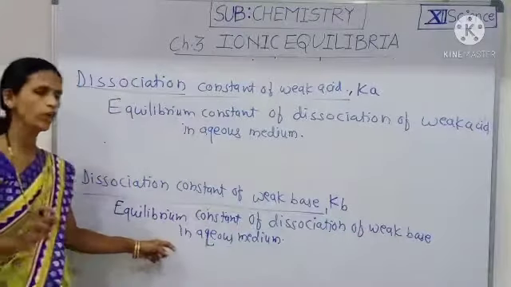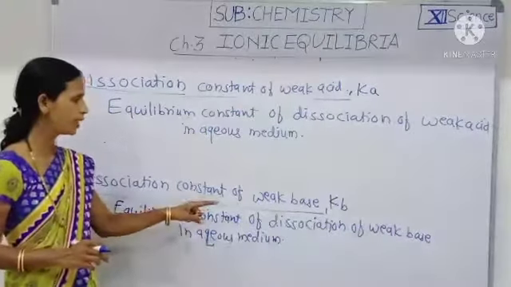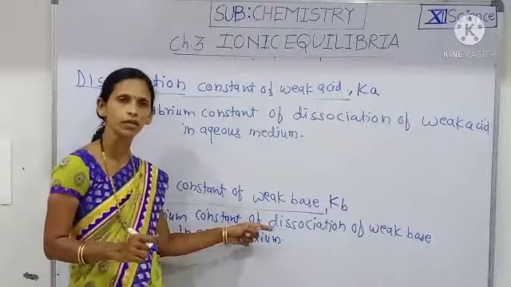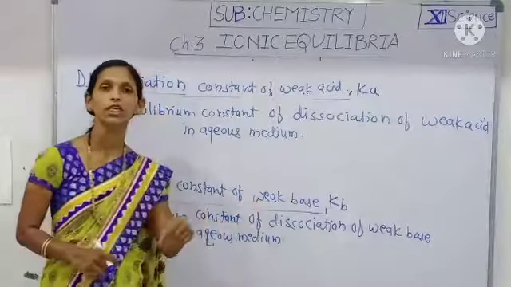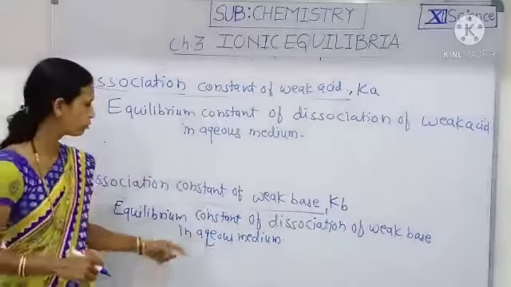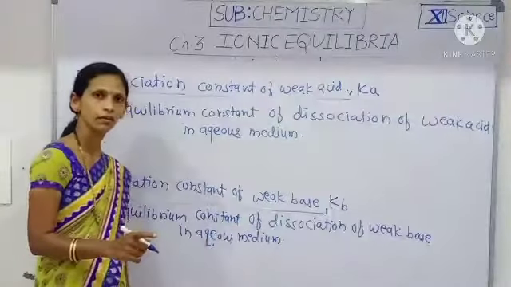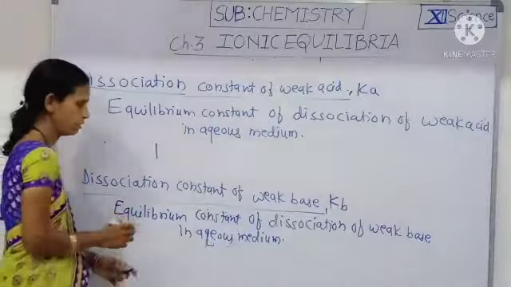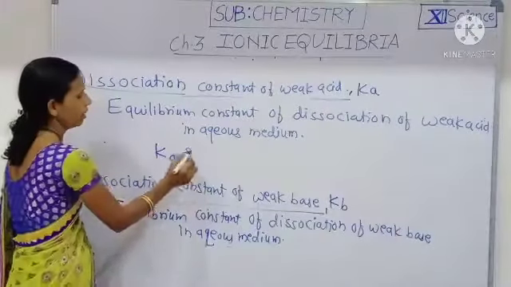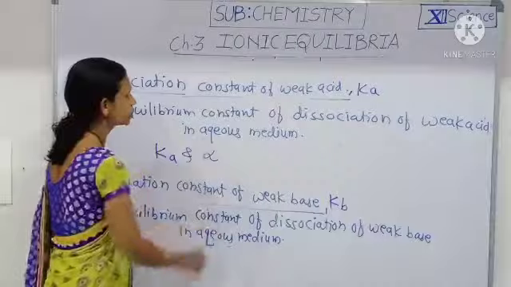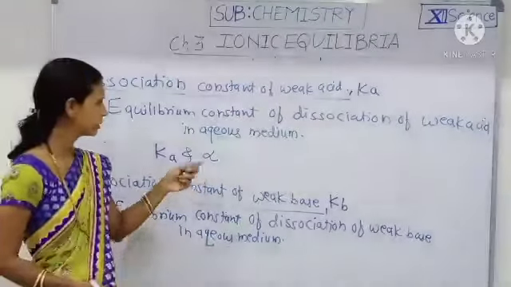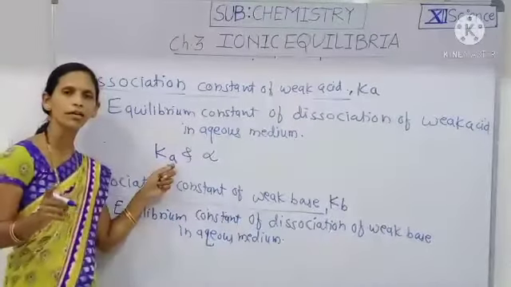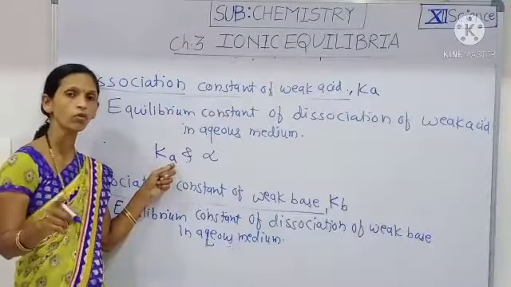That means when the law of mass action is applied to the ionic equilibrium obtained when a weak base is dissolved in a given amount of water, then there is a relationship between Ka and the degree of dissociation of a weak acid, that is explained by Ostwald dilution law of weak acid.